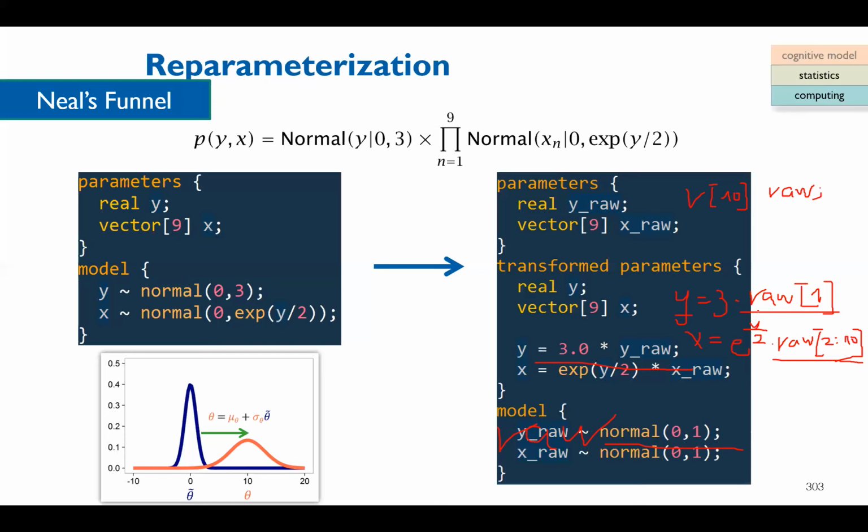But this lacks the clear association. Say we have a y unit normal for y, x unit normal for x. We have to know the first one is for y and the second to the 10th is for x. So the clear correspondence is lacking if we do it this way. It's possible. There will be no change in terms of results.